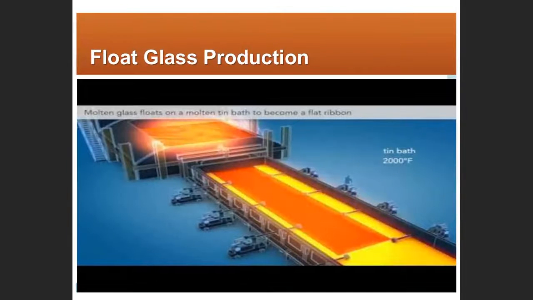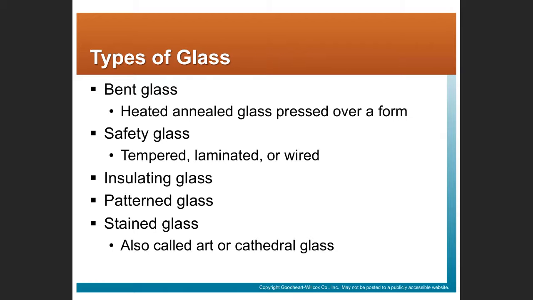Okay, so again, we saw what float glass production looks like. From that we can take our annealed glass and bend it, or we can produce various types of safety glass. We just saw tempered glass. It has much higher resistance to breakage.